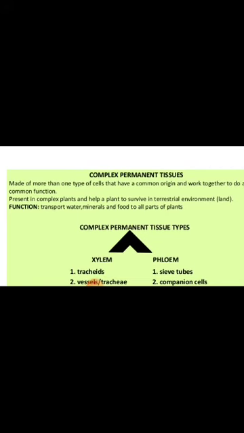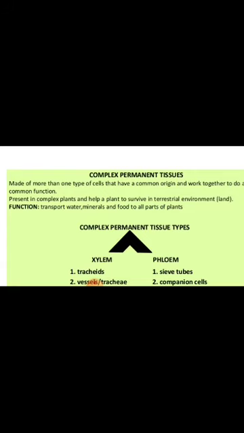They are present in complex plants and they help a plant to survive in the terrestrial environment. So, when living on land, these help. Now what is the major function of these tissues? They help to transport water, minerals and food to all parts of the plant.